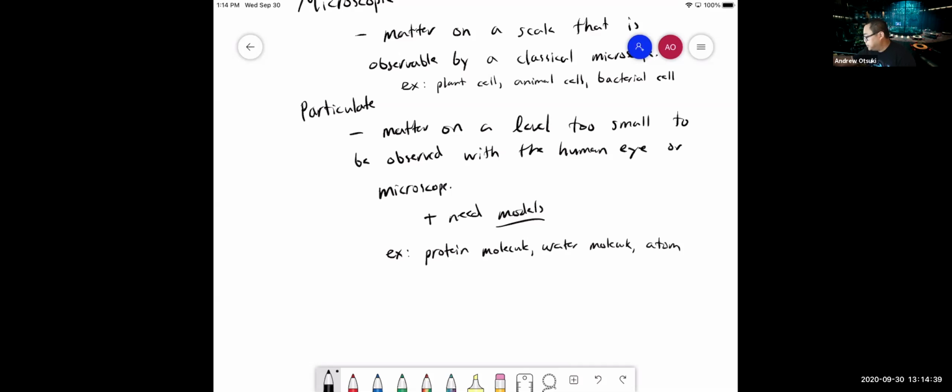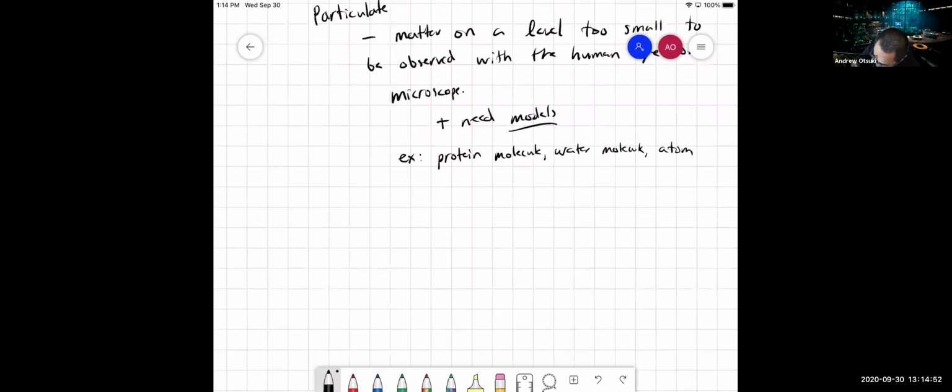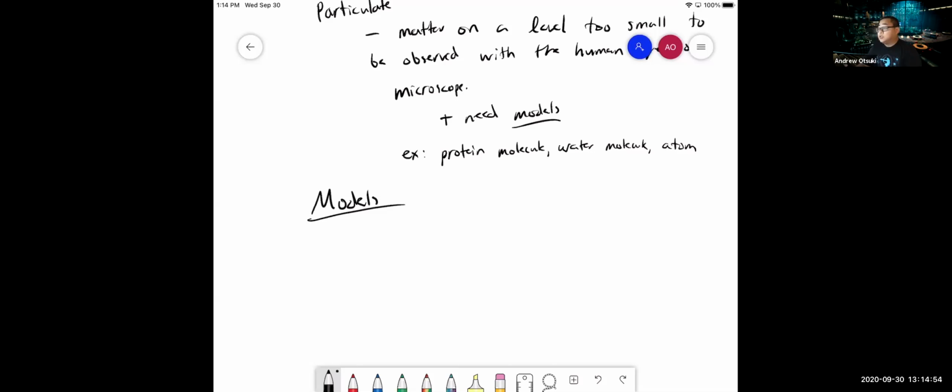Moving on. When we talk about models, in chemistry we need to use models to represent these structures. So let's talk about that. A model is a representation of something, right?